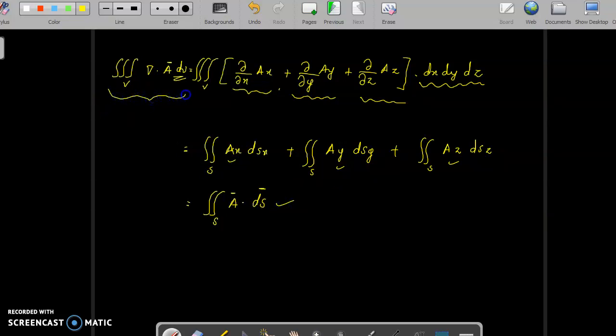So now look at the right hand side and left hand side. The volume integral of the divergence of a vector is equal to the surface integral of the component of the vector that is normal to the surface which bounds the volume.